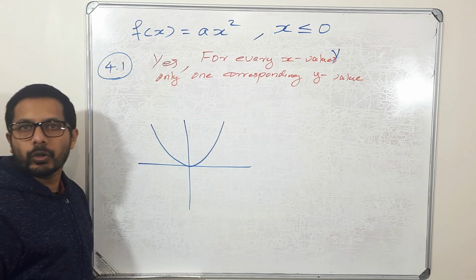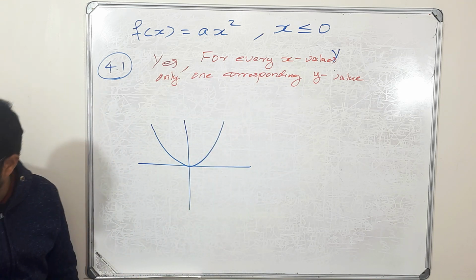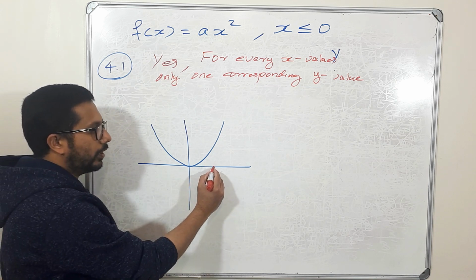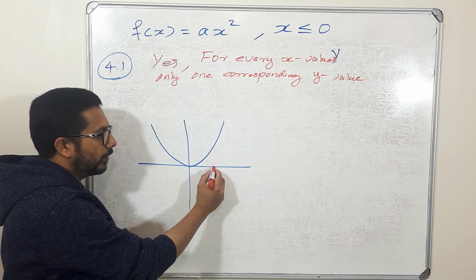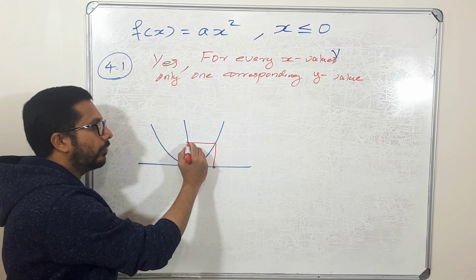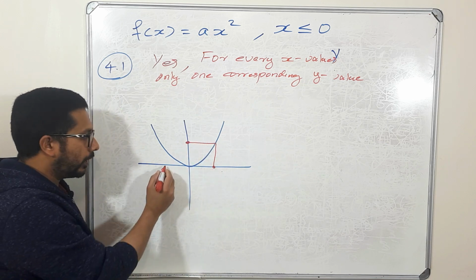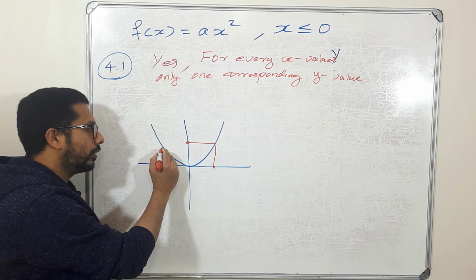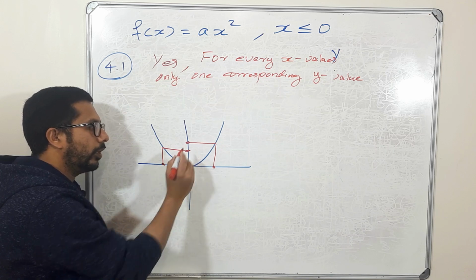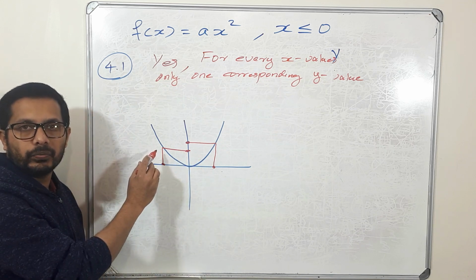in this case there is no problem. Why? Because if I take one x value somewhere here, how many y values am I getting? I am getting only one y value here. If I take an x value here, how many y values am I getting? Only one y value. That means this one is a function.